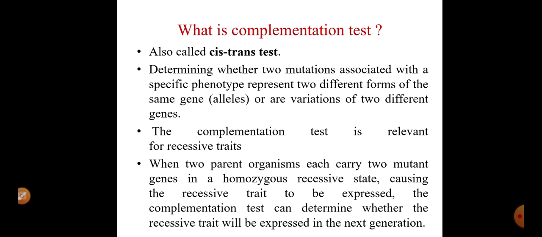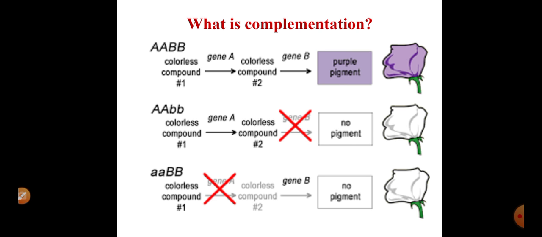Here in the complementation test, two parent organisms each carry a mutant gene in the homozygous recessive state, so recessive traits are to be expressed. This test is useful to determine whether the recessive trait is expressed in the next generation or not.